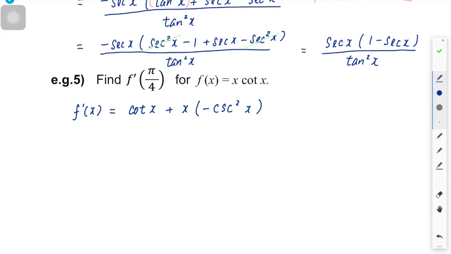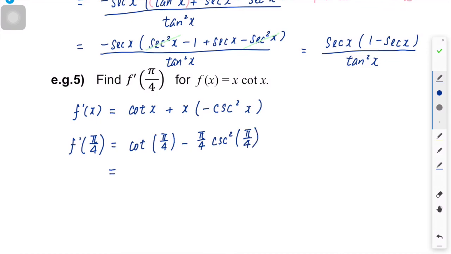Now we can evaluate this derivative at pi over 4. We have cotangent pi over 4 minus pi over 4, which is x, times cosecant squared of pi over 4.